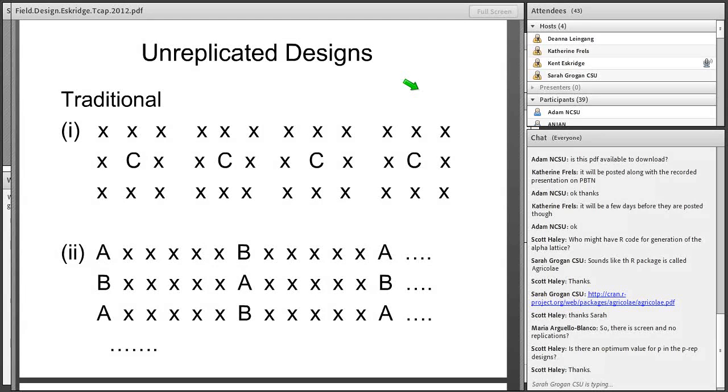About 100 years ago, at least one of the first designs in the literature that I've seen was a traditional design where you have a block of plots. In this example, I have 9 plots in a block, and you plant a check in this group of 9. Okay, and I've got a second group of 9, and I put the check right in the middle.